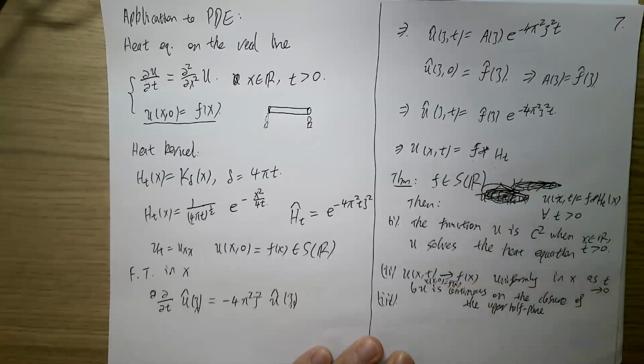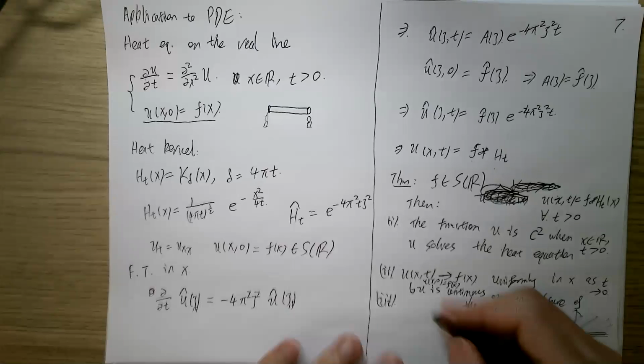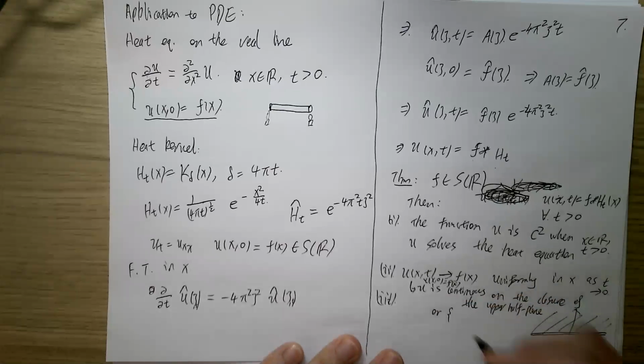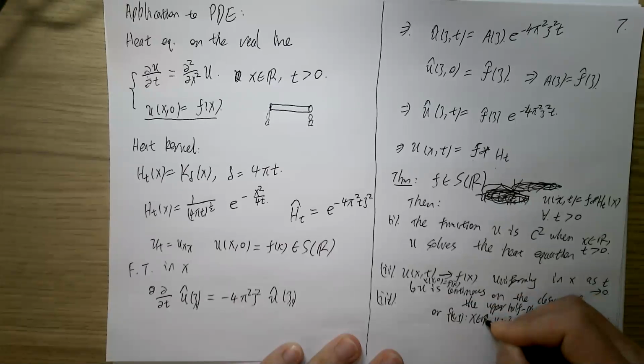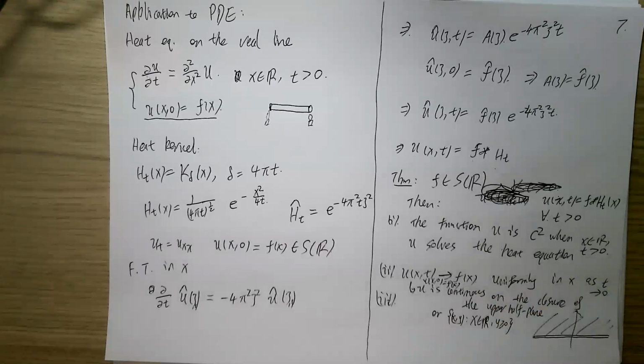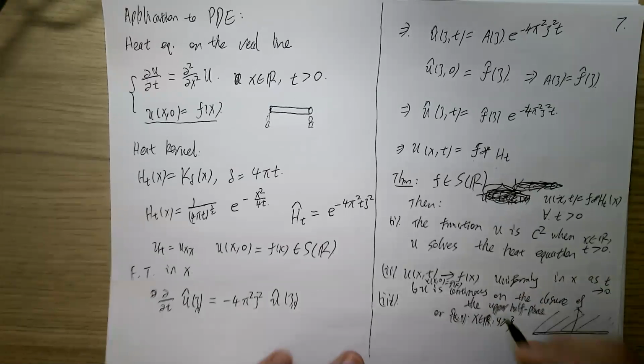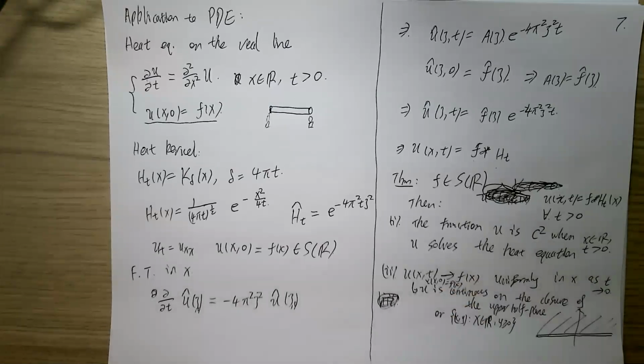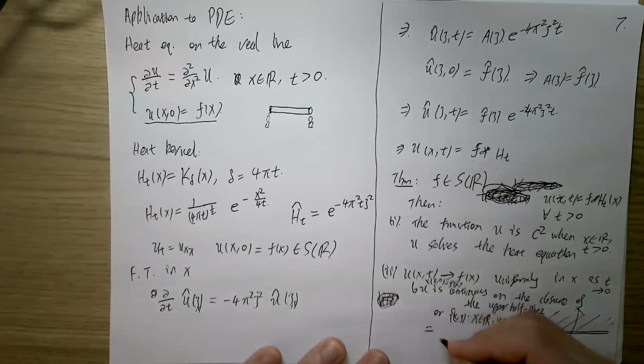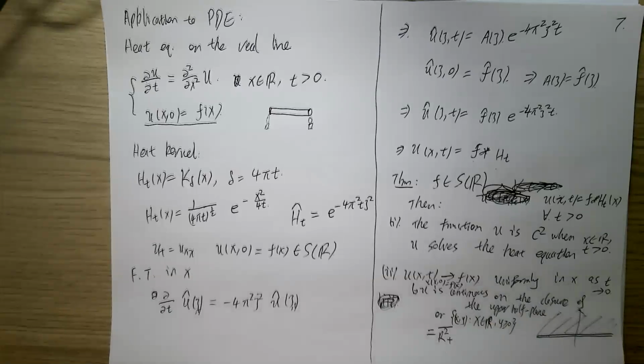What is the closure of the upper half plane? It is everything including the x-axis, or this set of (x, y) where x is in R and y is greater than or equal to 0. This is the so-called closure of the upper half plane, and sometimes we write it as R squared plus with a bar.